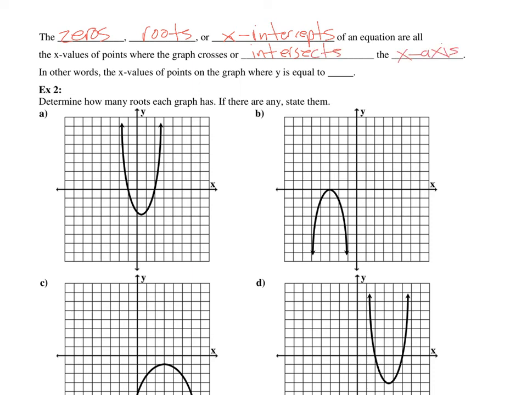In other words, the x values of points on the graph where y is equal to 0. Now determine how many roots each graph has. If there are any, state them.